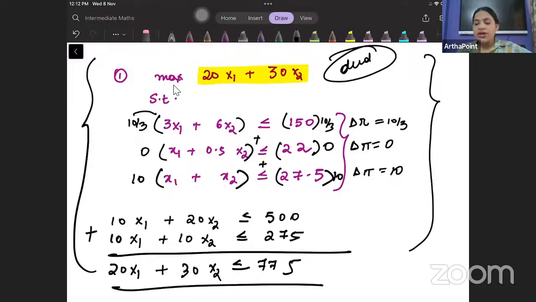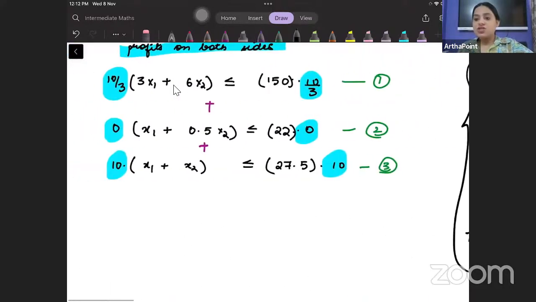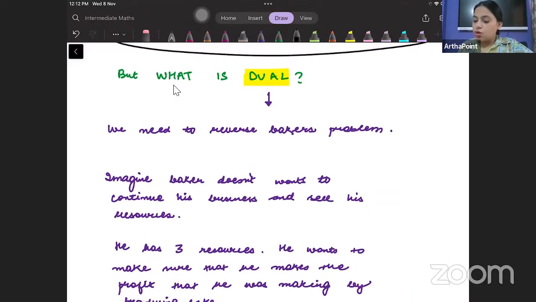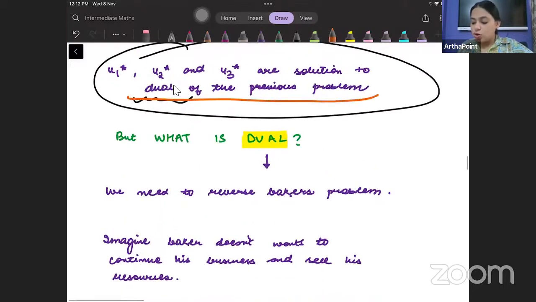But if I go ahead and I create a dual to this problem, तो ये जो dual create होगा, whatever dual would be created, uska solution, the solution to the dual of the problem will be these U1 star, U2 star and U3 stars that I have just found out. So U1 star, U2 star, U3 star को dual बोलते हैं, solution to the dual of the problem बोलते हैं.